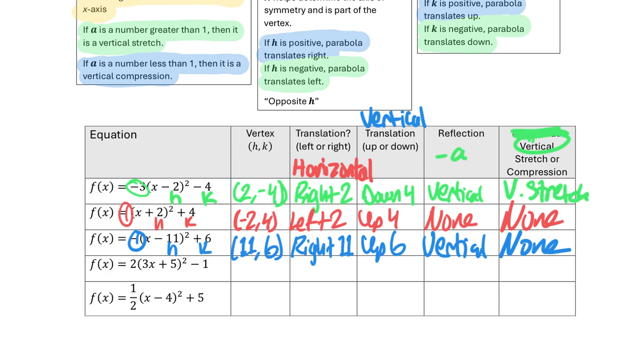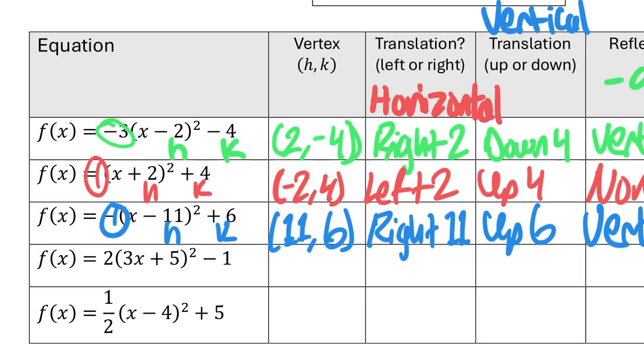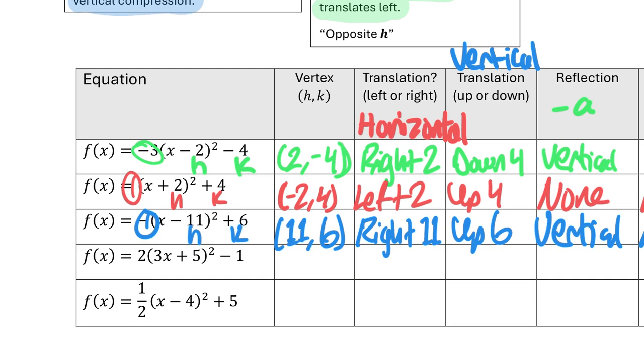All right, now for the fourth one. Okay, here we go. There's A, there's H, there's K. So the vertex, I use the opposite of H, so I'm going to use negative 5, and K, I use what I see.